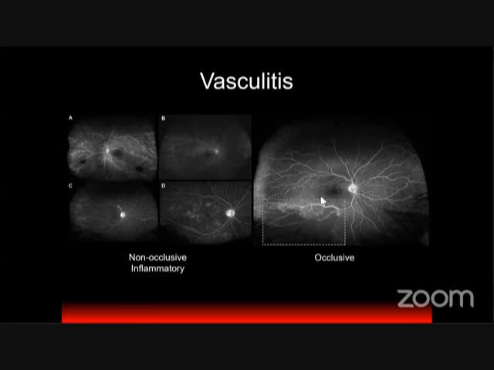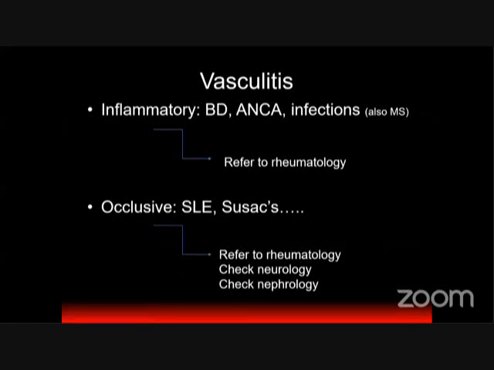When you see inflammation, you think more of Behçet's, ANCA-associated vasculitides, and infections, and in all cases you should work up. When you see retinal vasculitis, you have to start thinking about referring the patient to neurology, nephrology, or rheumatology, according to all the findings. If you suspect retinal vasculitis, I can't stress enough getting a fluorescein angiogram.